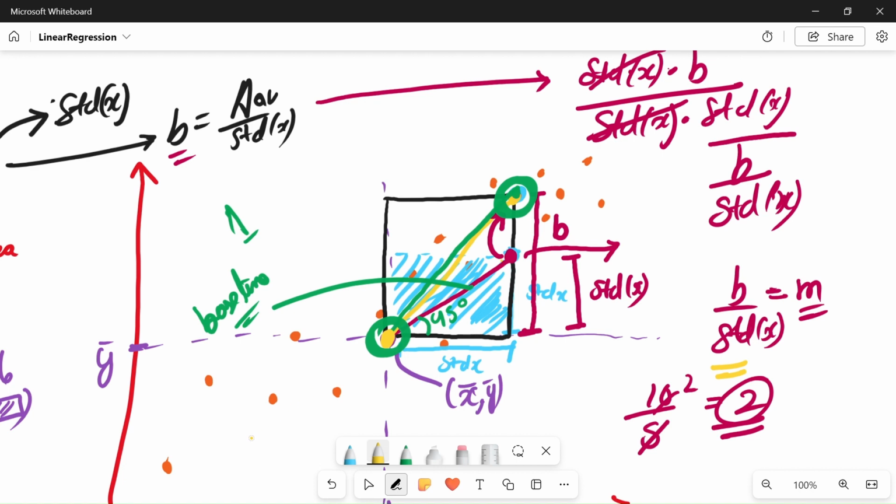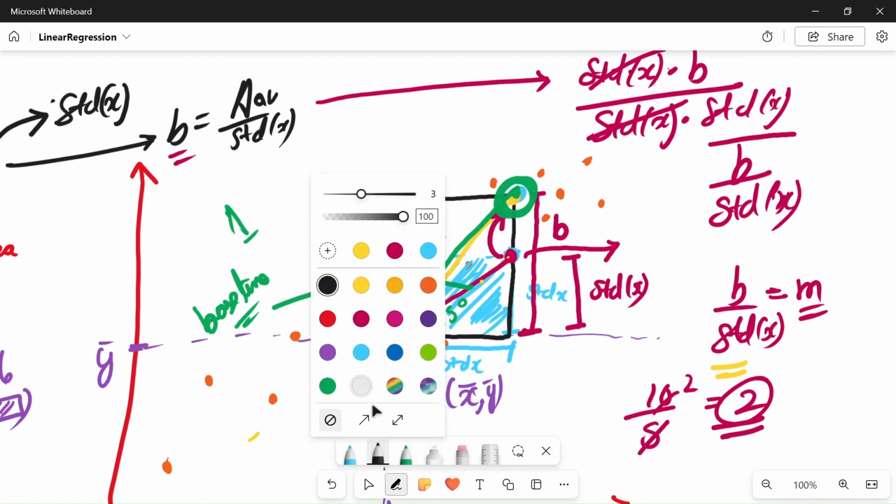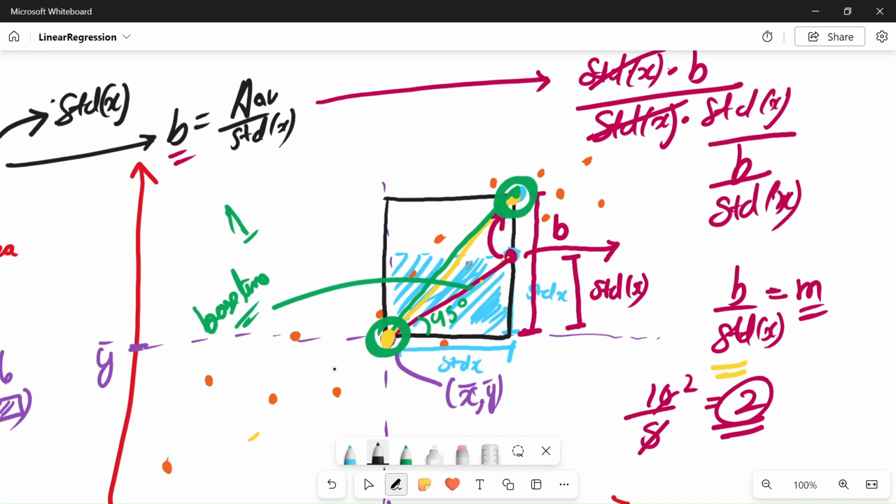Now the starting line is this particular line. The baseline is the starting line which actually rotates. Let me choose black. So this is the starting line.